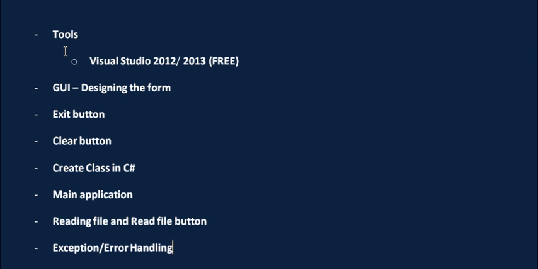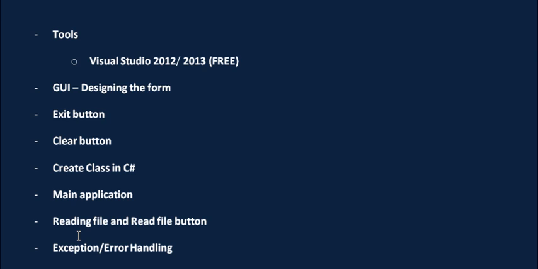What we're expecting to cover in total is obviously the tools, Visual Studio, the GUI, the exit button, clear button, and functionality. We'll code the functionality, create the class. The main application, we'll look at how it reads in the class that we've created into the main application, how it's all included together, and then we'll look at reading the file.